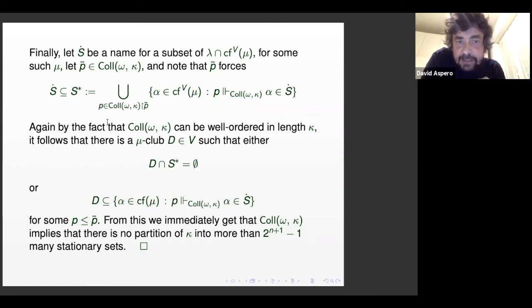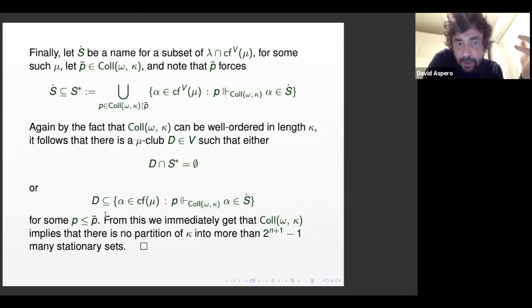So by the fact that the collapse can be well ordered in length kappa, it follows that there will be a mu-club D in V, which will be either disjoint from this S star, or will be contained in the collection of alphas such that P forces that alpha is in S dot, for some fixed condition P extending P bar.